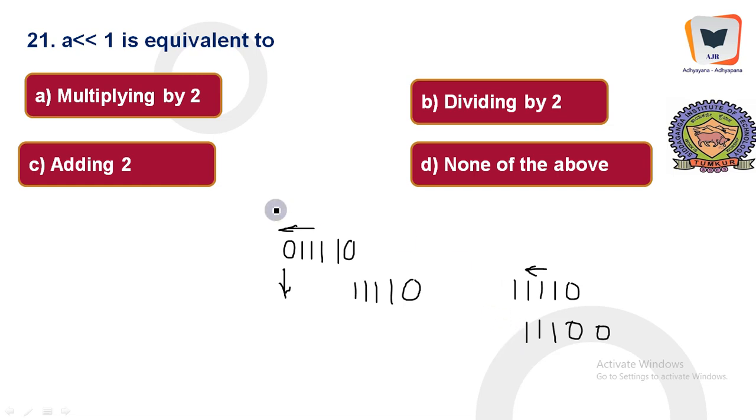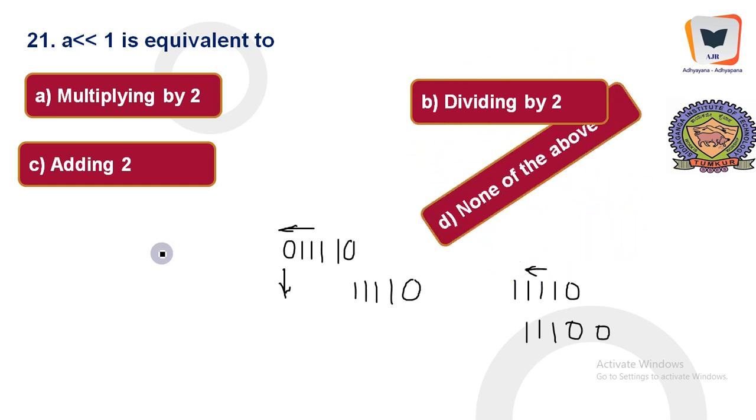Therefore, the result of the left shift done to a variable depends upon whether the most significant bit happens to be 1 or 0. If it is 1, the value will never be equal to multiplying the original variable by 2. If it is 0, then only will that variable be multiplied by 2 for one shift, 2 to the power of 2 for 2 shifts, 2 to the power of 3 for 3 shifts, that is 2 to the power of k, where k is an integer, which is a factor of 2.